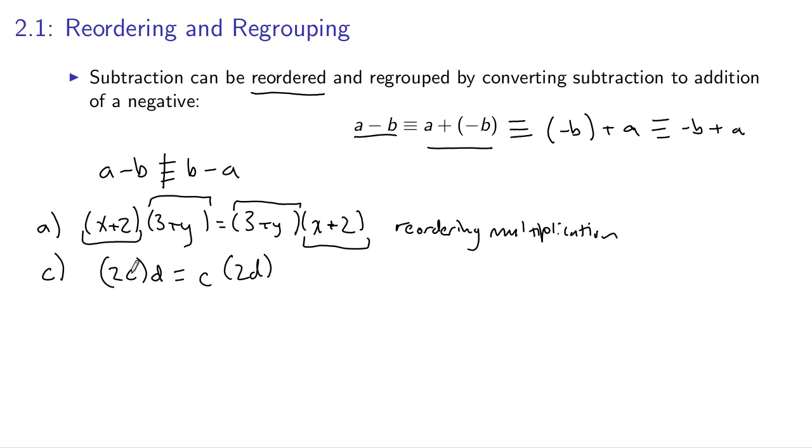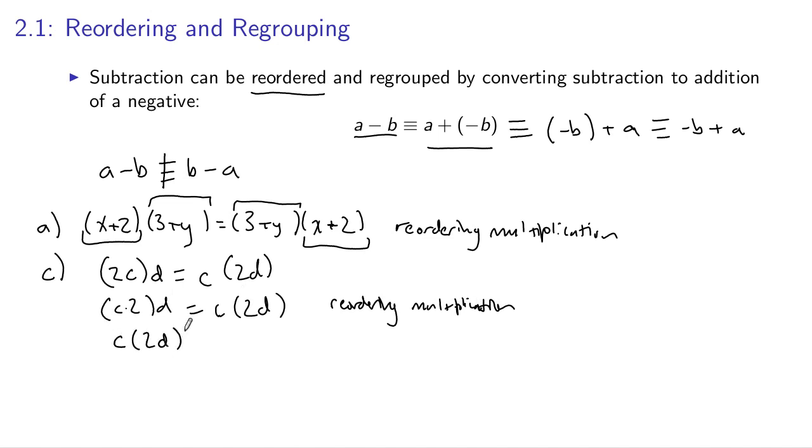So first we need to reorder inside here to c times 2d equals c times 2d, and that's by reordering multiplication. And then by regrouping, we can write c times 2d.